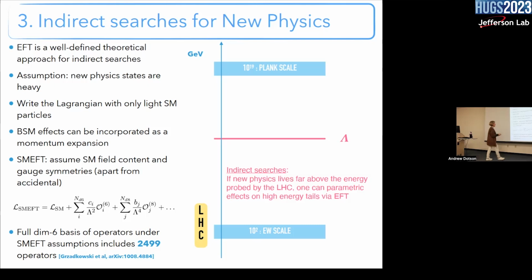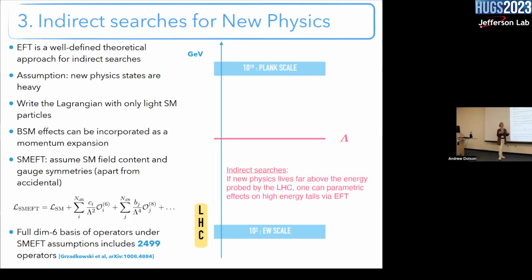So the idea is that on top of the standard model, you add dimension 6 operators that characterize in a kind of agnostic way the effect of new physics that lives at the scale lambda. And you add these corrections to the standard model cross-section, the corrections that come from the dimension 6 operators.